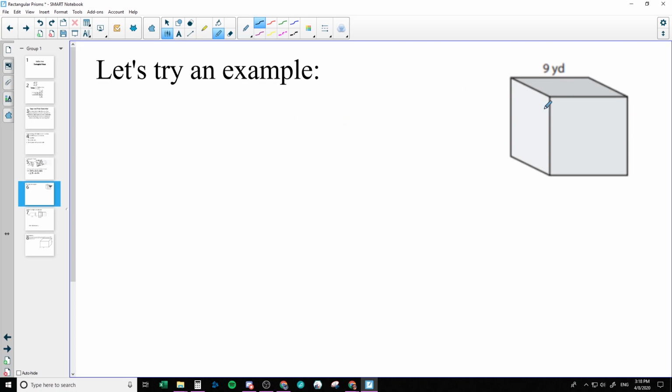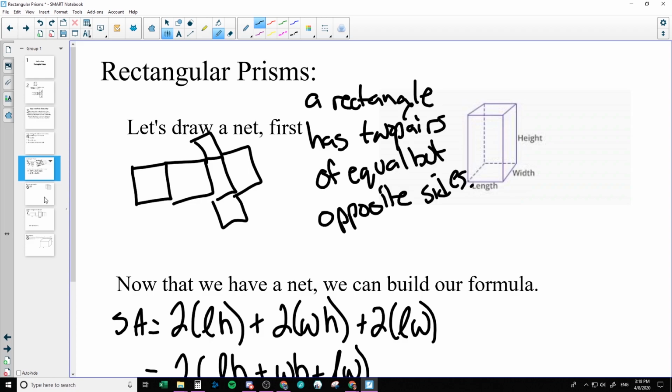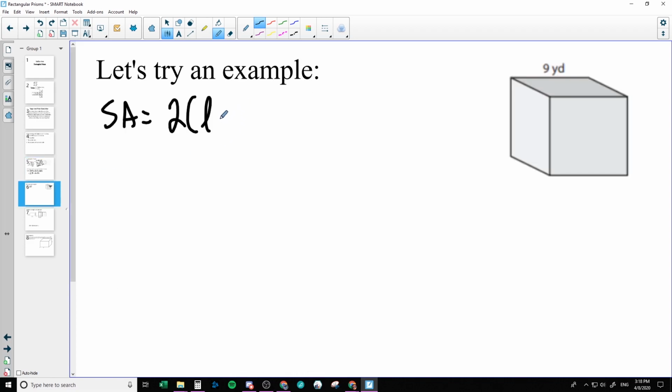So this one is 9 by 9. So let's use our formula. SA equals 2 times (length times height plus width times height plus length times width). And in this case it is a cube, so everything's 9.